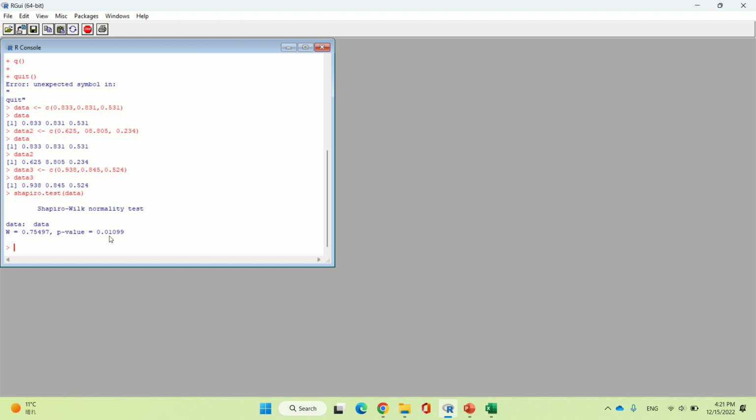The ANOVA formula is aov, bracket, dependent variable tilde independent variable.